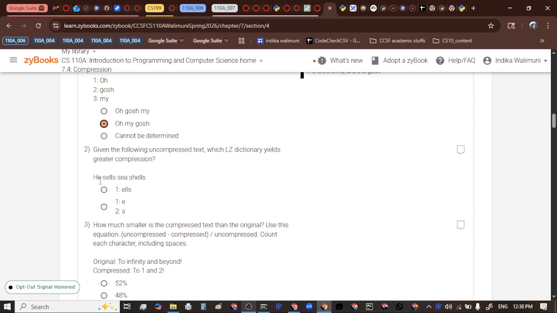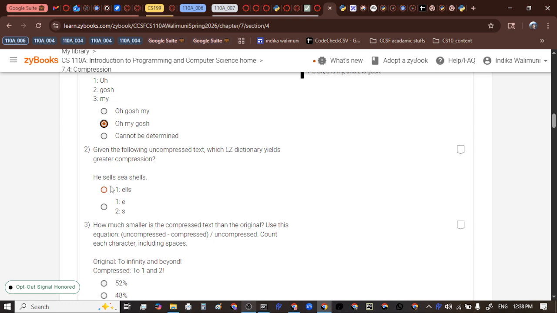Okay, he sells seashells. The first one has more compression, but it doesn't carry the name, so which one is it, the second? So what you have to do is use the dictionary and then compress it.